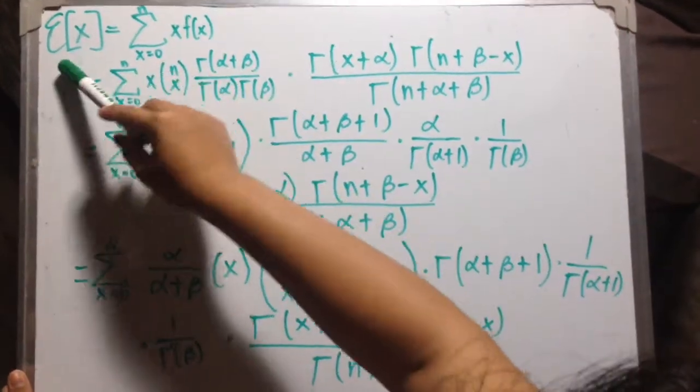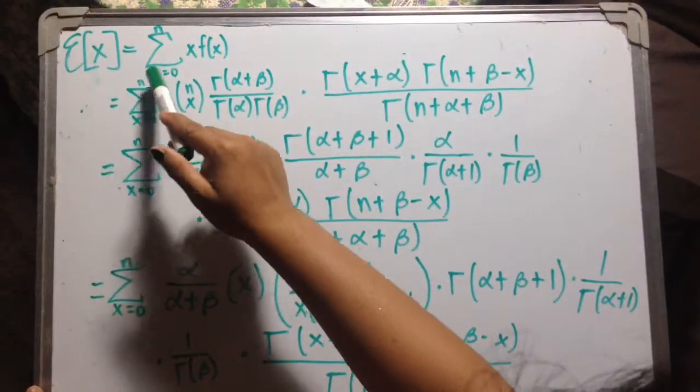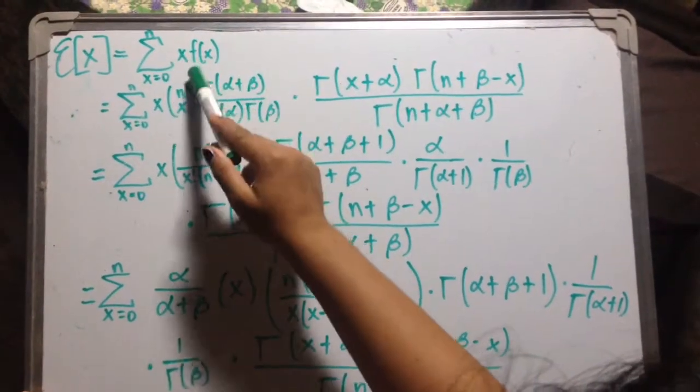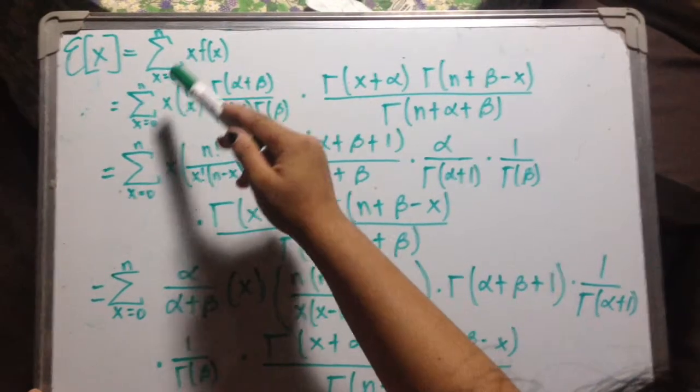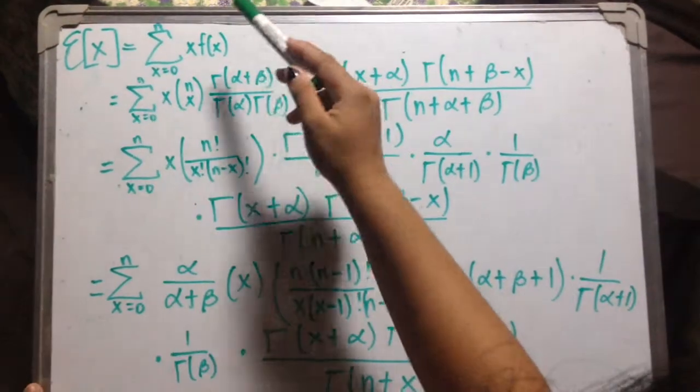So the expectation of x is equal to the summation of x times f of x, where x is equal to 0 up to n.